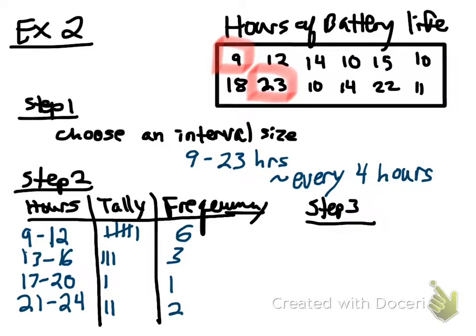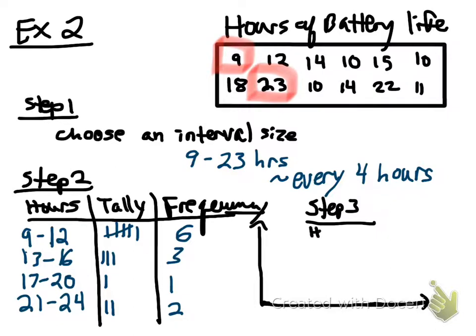So our histogram, we're going to just make a graph. It'll have 2 axes, just a single quadrant graph. First of all, let's write our title.